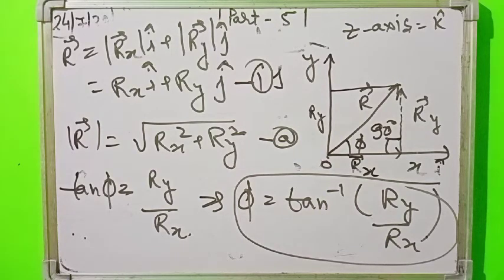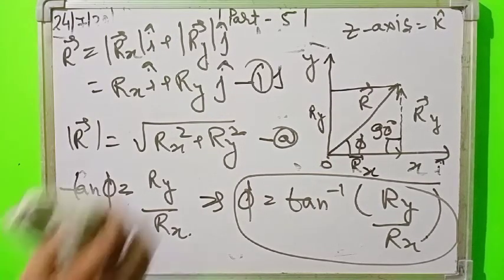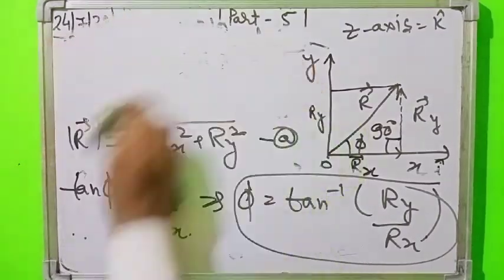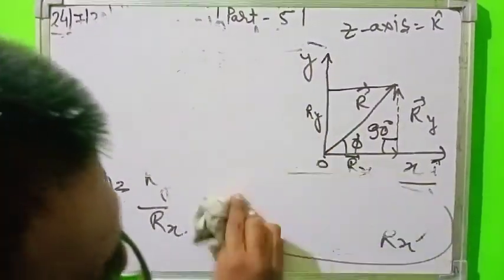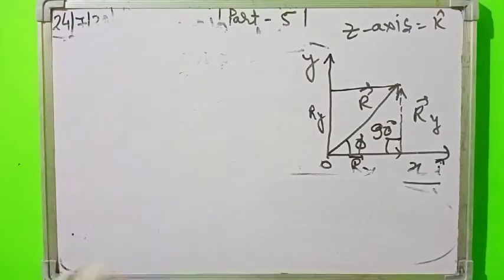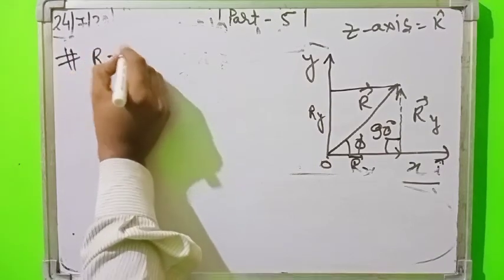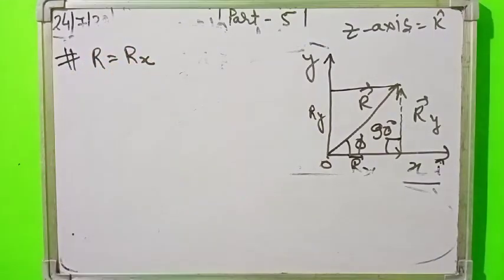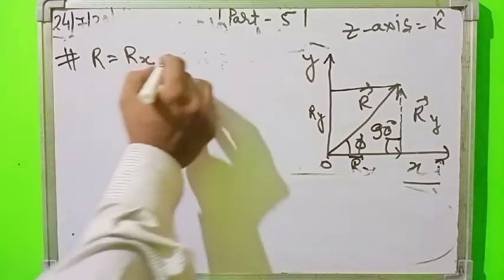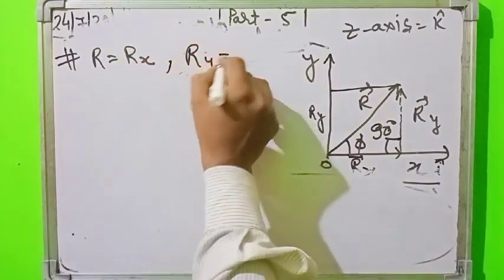From here one thing should be noted down: if r is equal to rx, then ry is equal to 0.